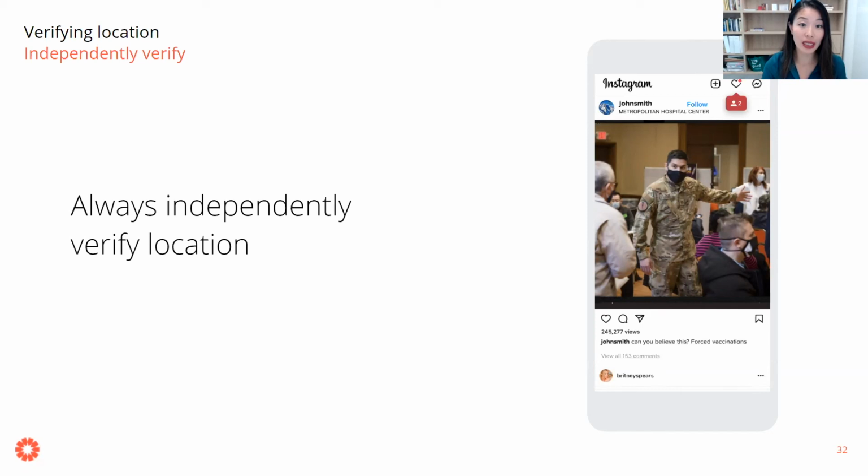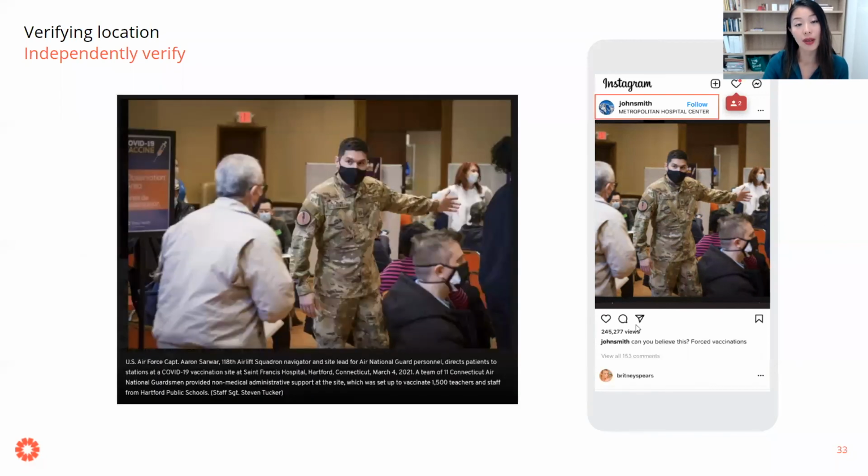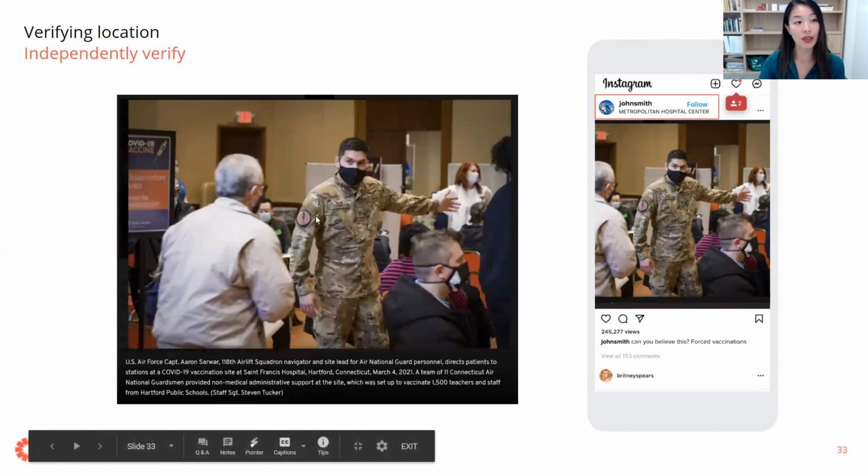And this picture, in fact, is not from the Metropolitan Hospital Center in New York. It is a vaccination site at a hospital in Hartford, Connecticut. And the soldier is actually a soldier of the National Guard, and he was directing patients to the station. So you can see this is a news report about a photo with the right context.